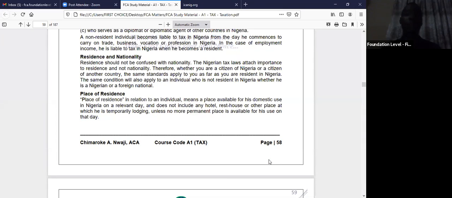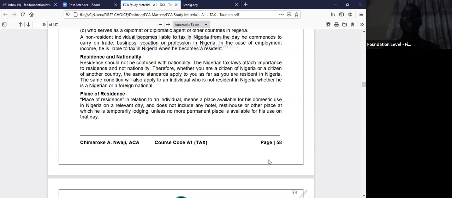You stay there, you live there, you do everything, your domestic activity is being done there. That means you live there. So anywhere in Nigeria which is available for your domestic use on a relevant day.